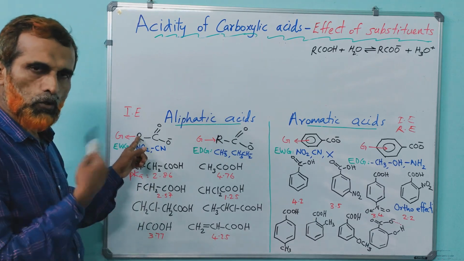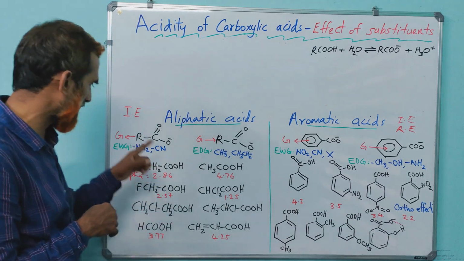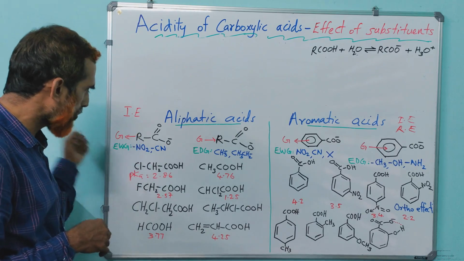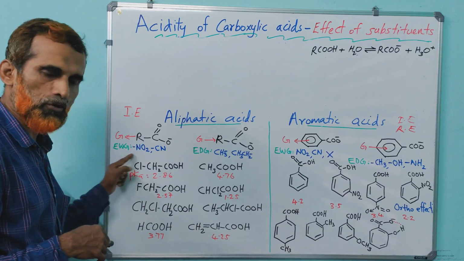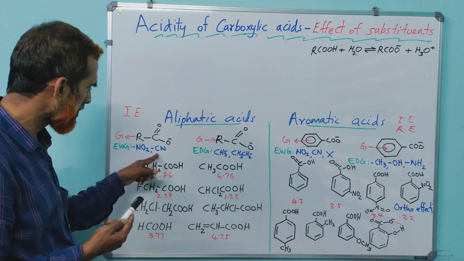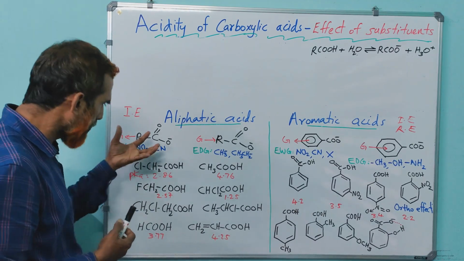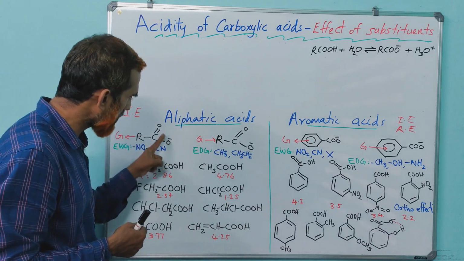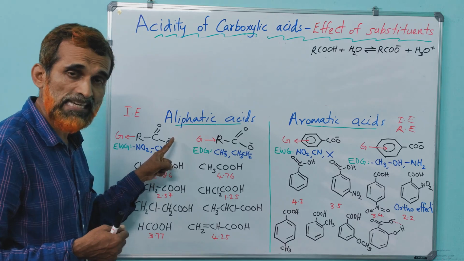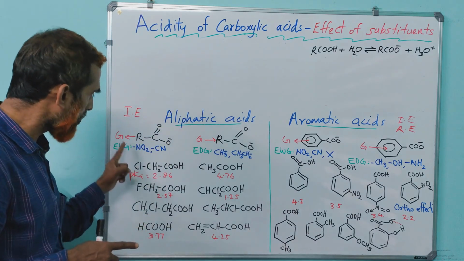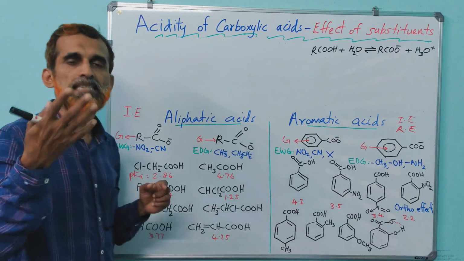If another group, a functional group, is connected on this R, if it is electron withdrawing, EWG means electron withdrawing group like NO2, CN, etc. or halogen, what happens? Electron withdrawing groups will withdraw electrons so that the electron density, the negative charge density decreases here. So this becomes more stable. So electron withdrawing groups will increase acidity.